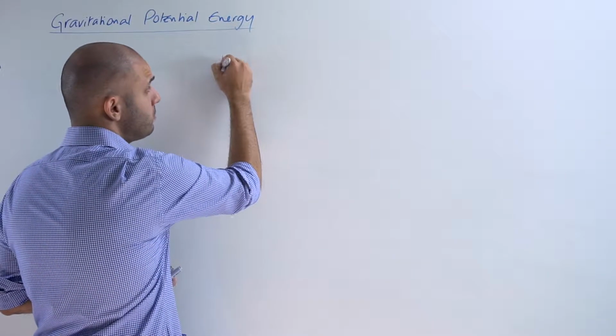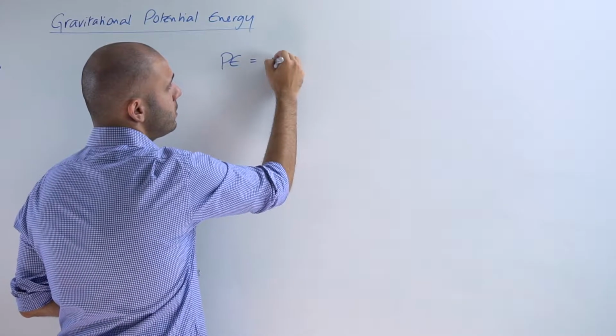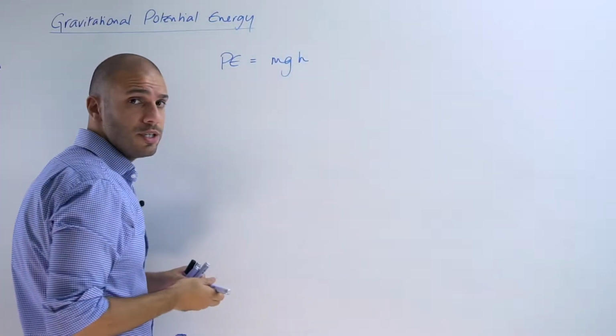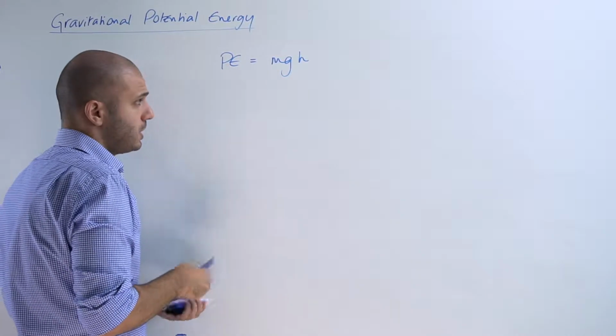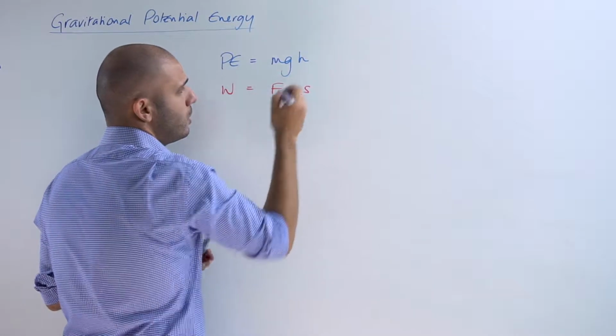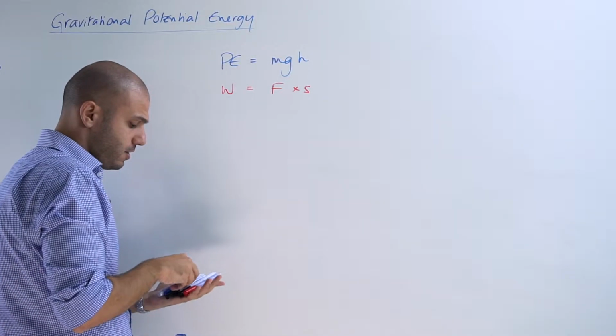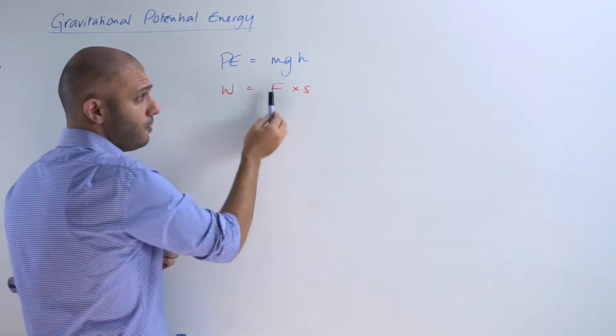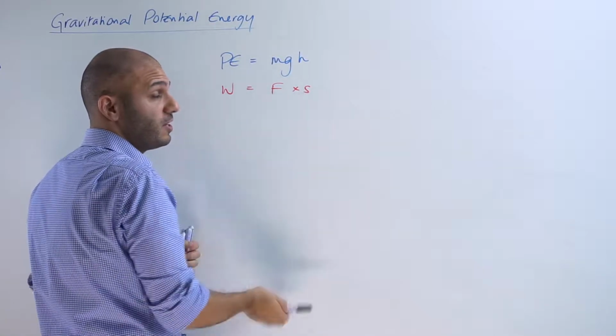So you should have definitely been using the equation mgh, and you should also know that that is the same equation as the one for work, where work is given by a force that is being exerted over a particular displacement.